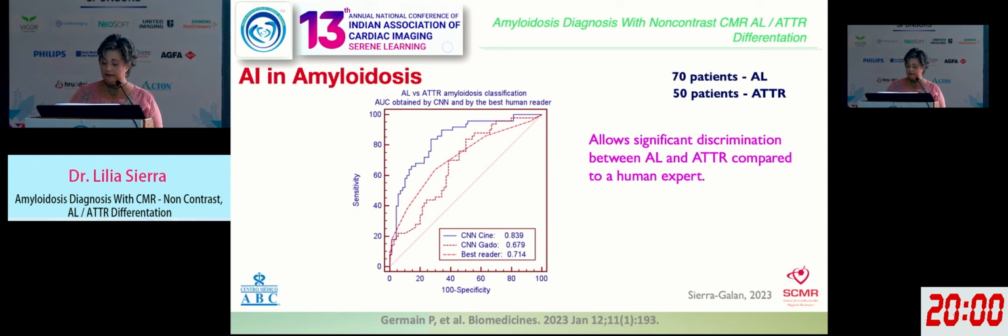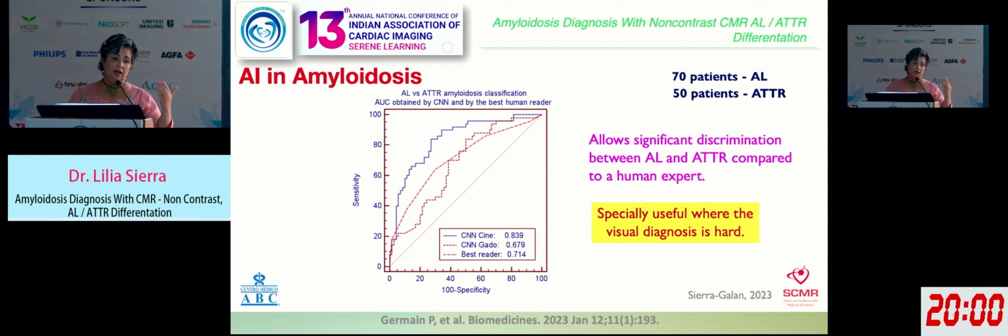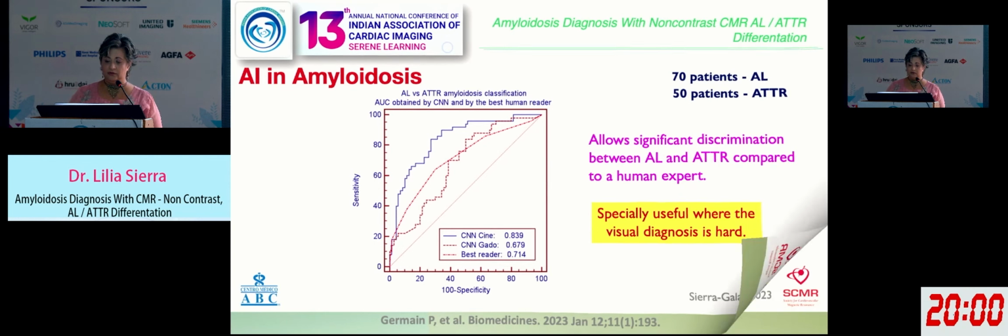So that's something that maybe in the future would solve the problem, maybe for those cases that are usually visually difficult to diagnose.